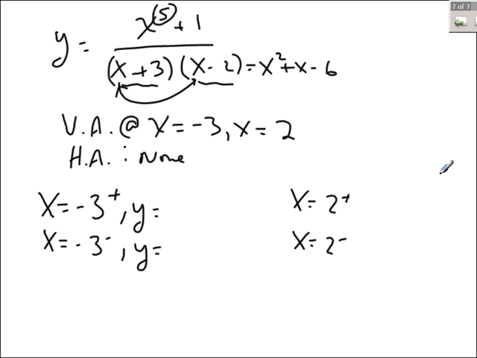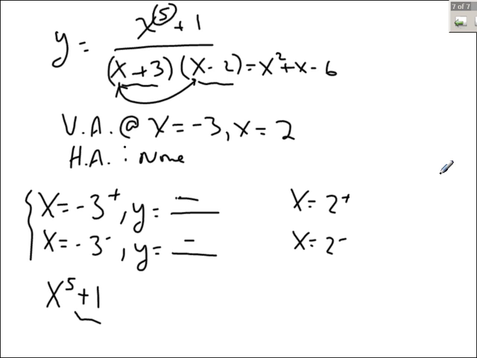Well, let's see. The top, x to the 5th plus 1. If you take any number near -3 and multiply it by itself 5 times, you're going to get a fairly large negative number. And then when you add 1, it's going to stay negative.